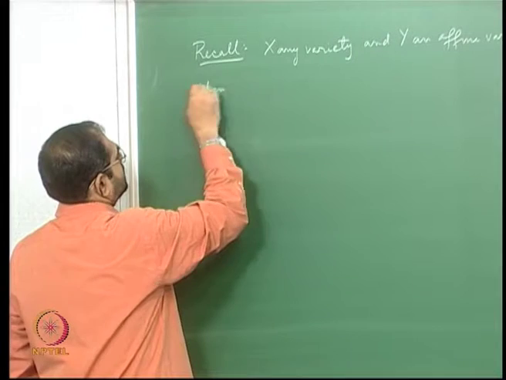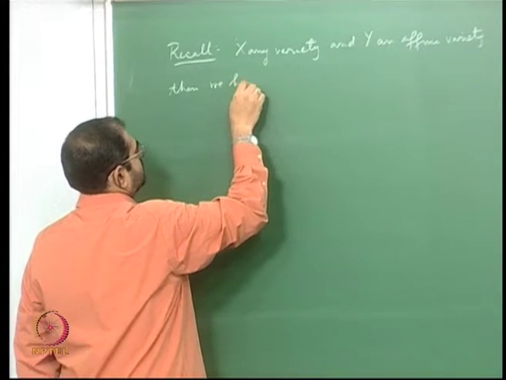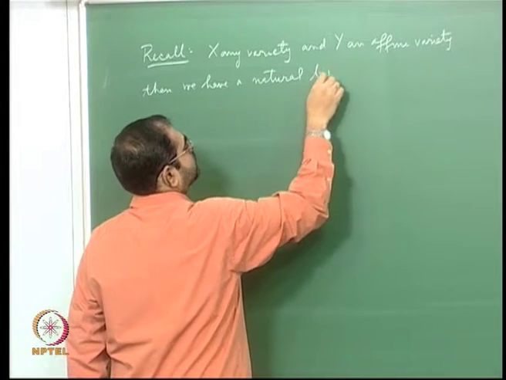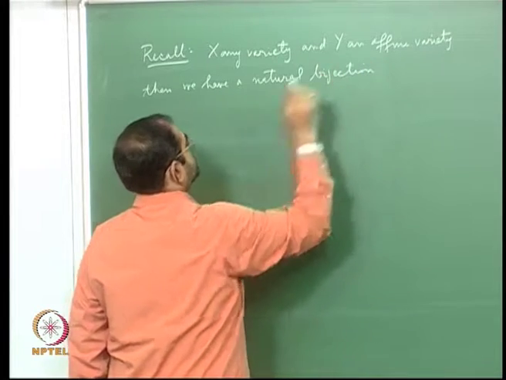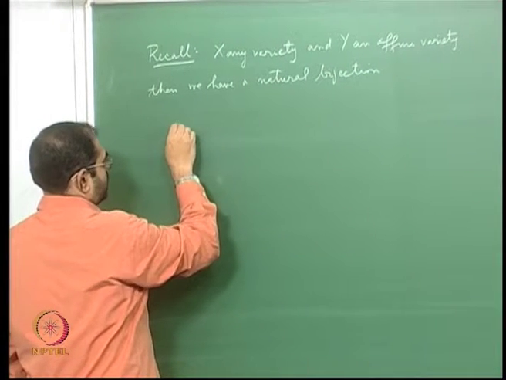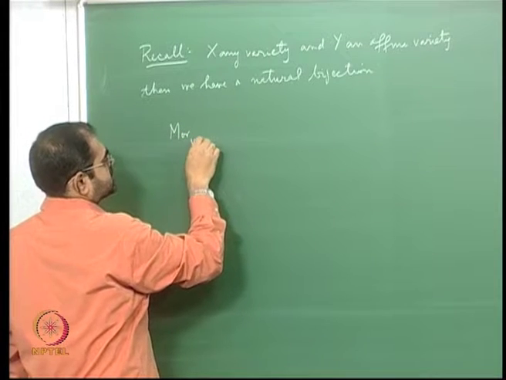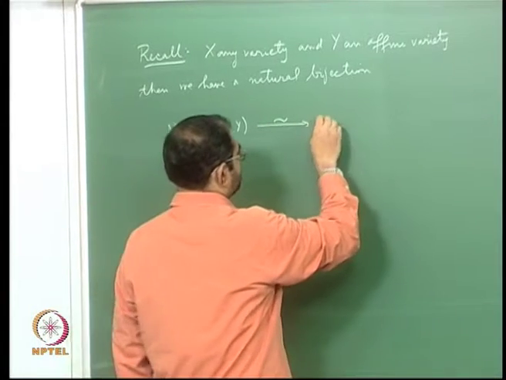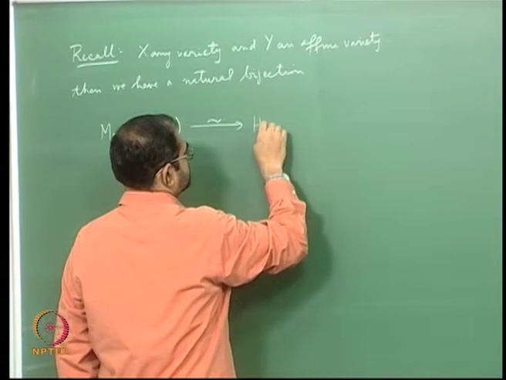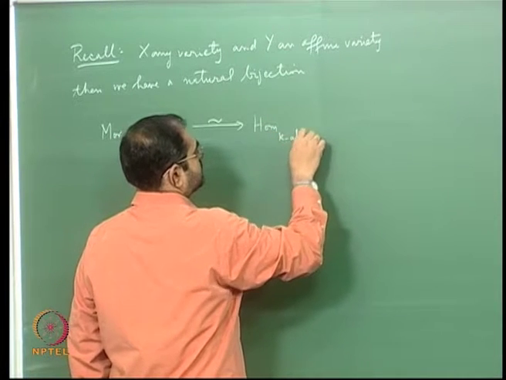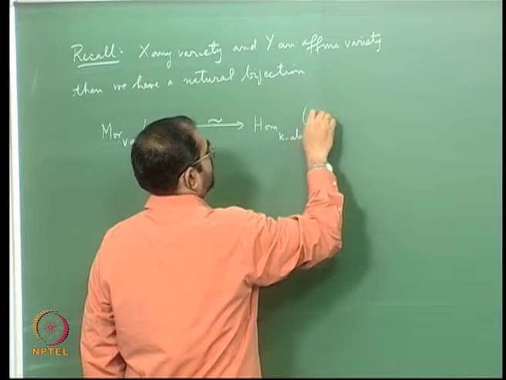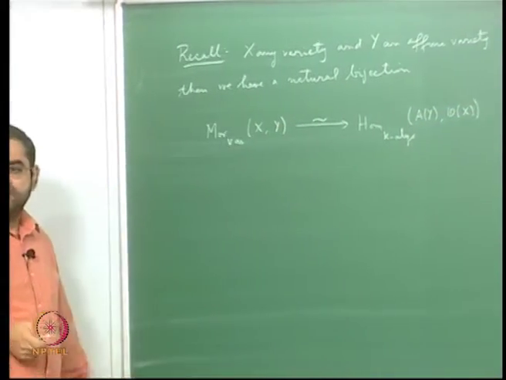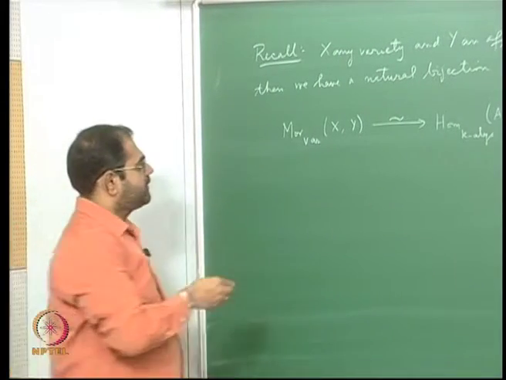Then we have a natural bijection. On the one hand you have morphisms of varieties from X to Y, that is bijective to homomorphisms of K algebras from A(Y) to O(X). Okay, we proved this bijection.